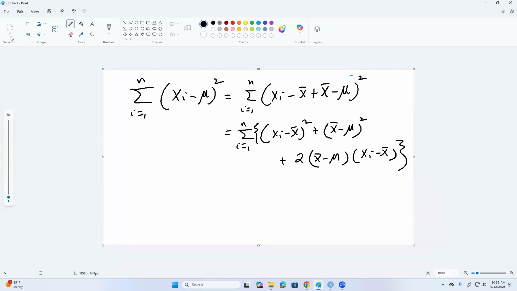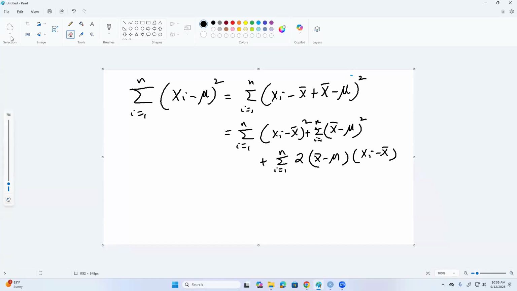So you have this sum, then you have this sum, and then you have this sum. Now, look at the third term. Third term is a product of three terms.